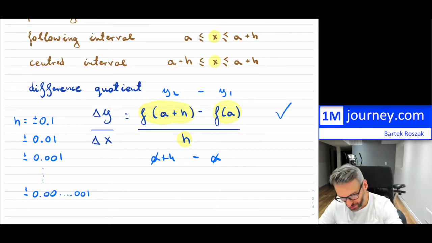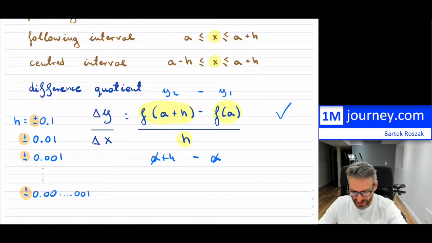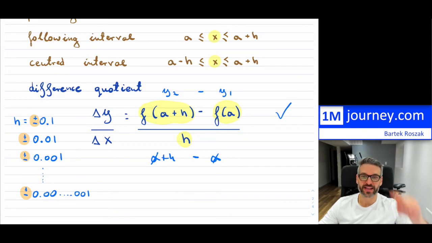Now, because I put in here both positive and negative, if we would substitute that into this difference quotient, we would kind of have to do two different calculations. One for the positive, which really is like the following interval, right?